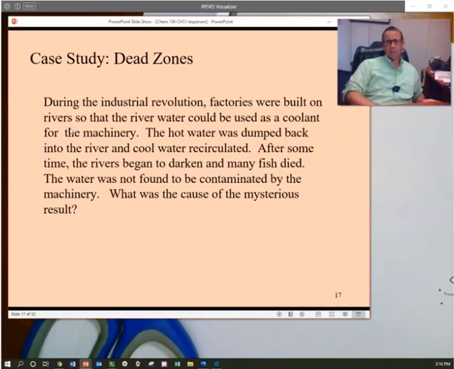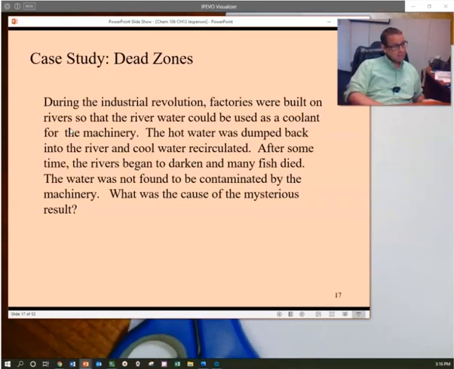Those factories are polluting the rivers. And so they would look for signs of pollution, but they couldn't find any clear indication of toxins or oils or anything like that being released from the factory into the rivers.